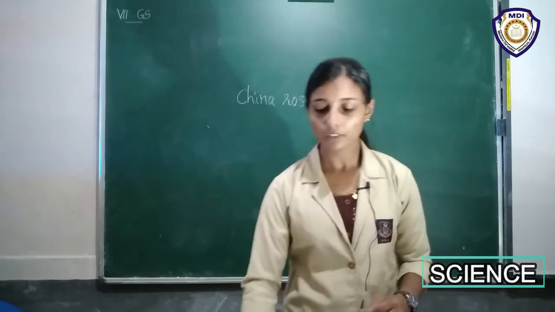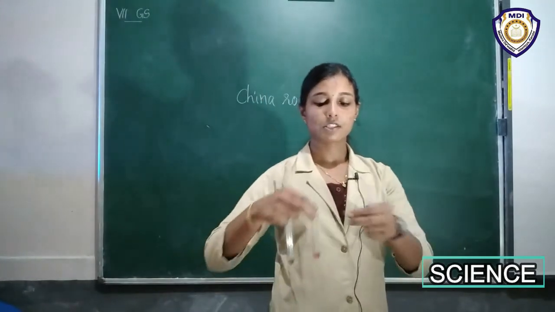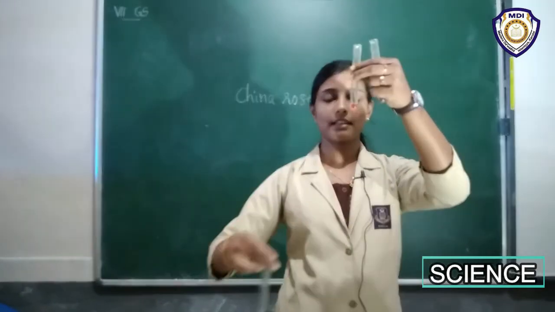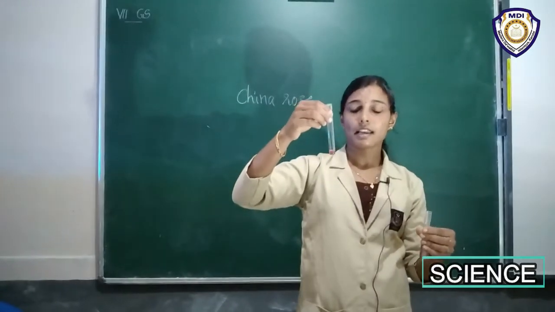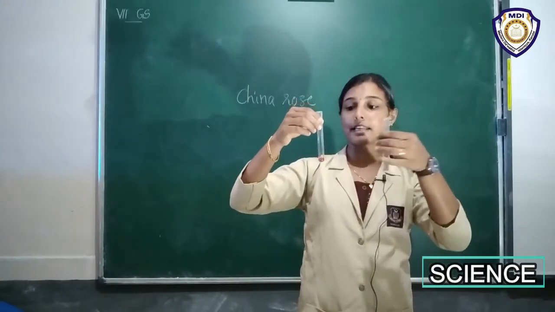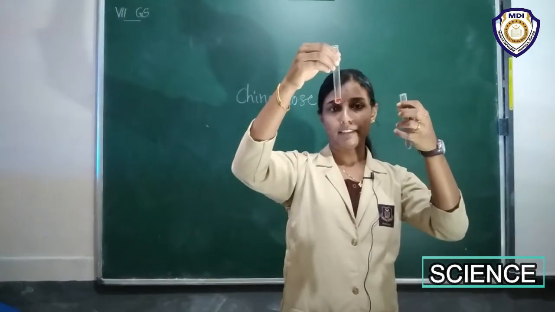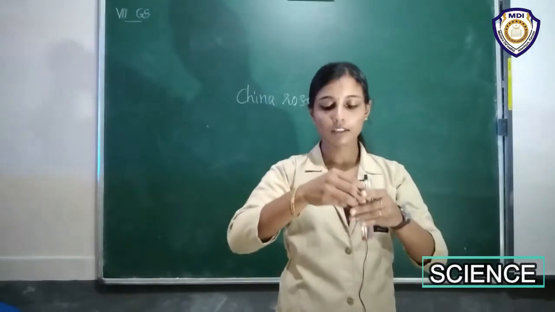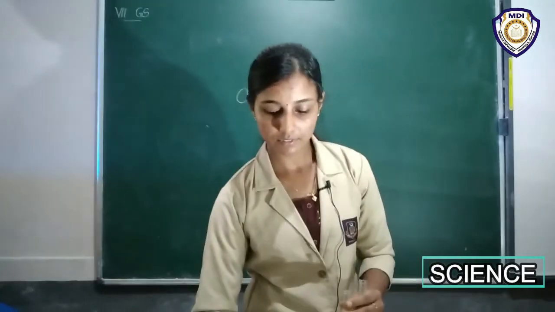So what will be the difference? See the difference. When I add a little of this indicator solution into lime water, the color will be like this, and we can see this directly.